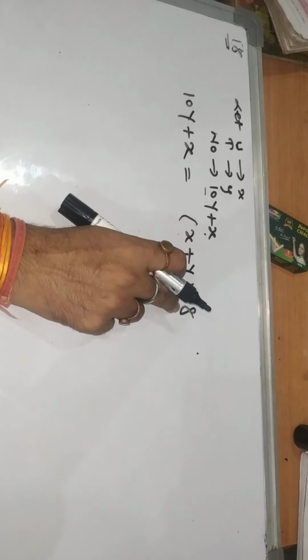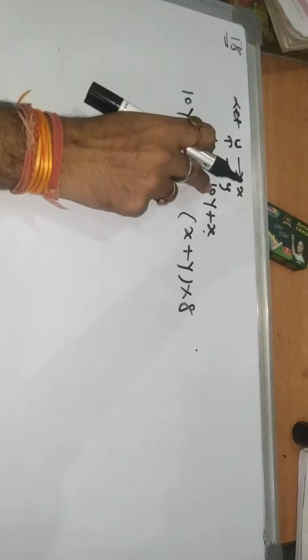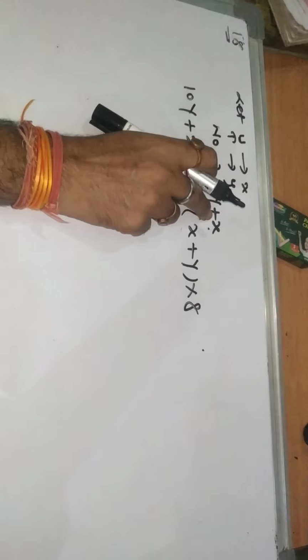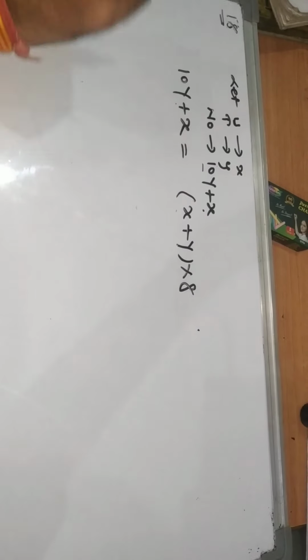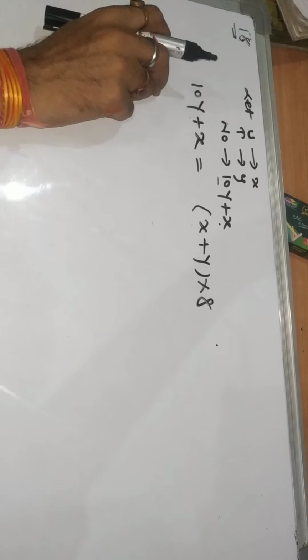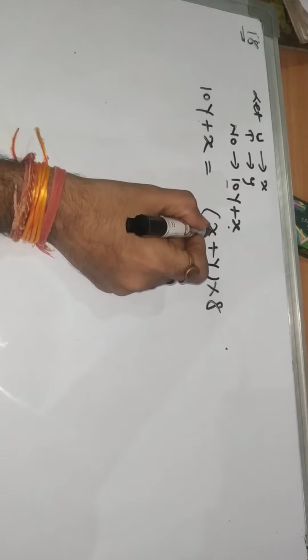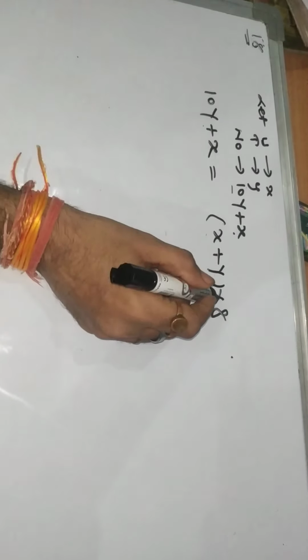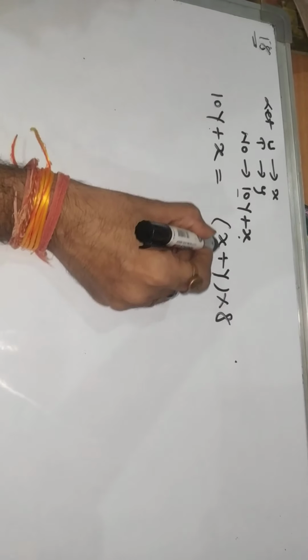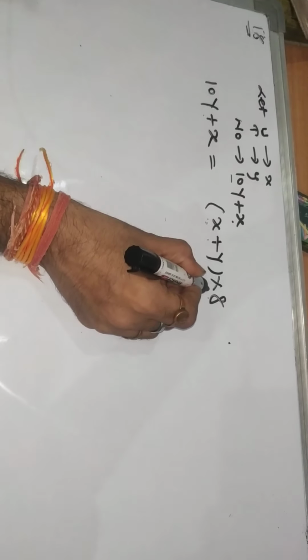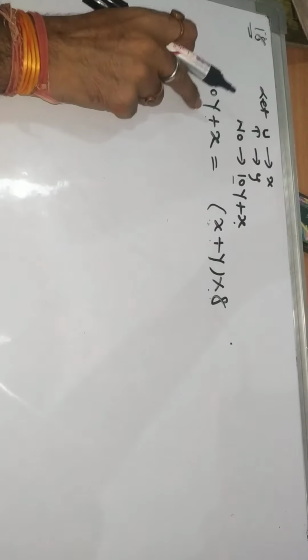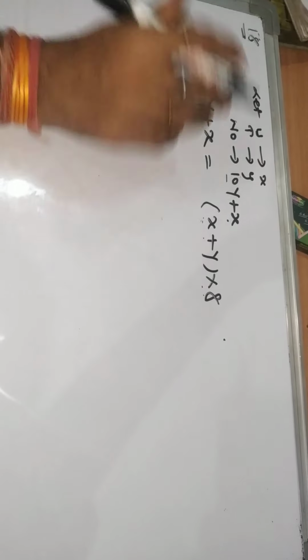It is equal to the number, because it is given that the number is obtained, यानी number जो obtained हुआ वो कहाँ से हुआ, if we multiply by 8 the sum of the digits. The sum of the digits is x plus y multiplied by 8. जब हम sum of digit में 8 से multiply करेंगे तो ये number obtained होगा, यानी दोनों हो जाएंगे equal.